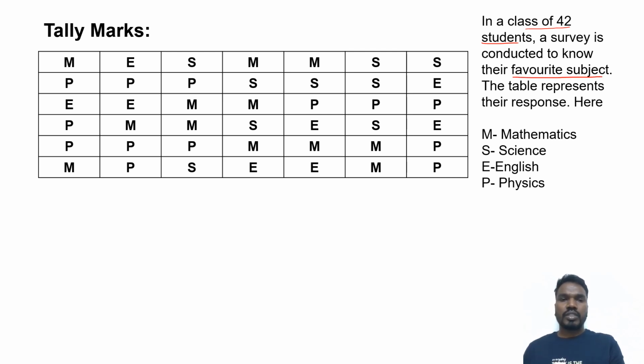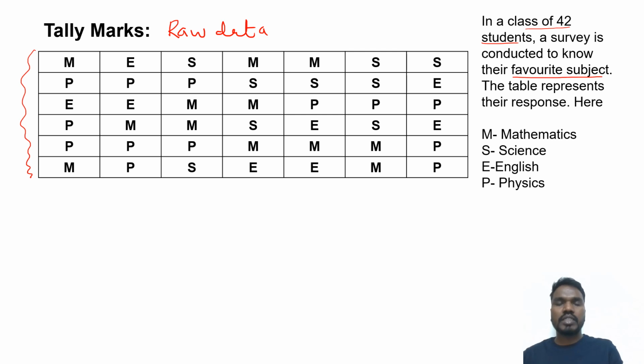This is the raw data, and from this we don't know which subject is liked by the most students. When we represent it in a proper way, we can know which one is the favorite subject.